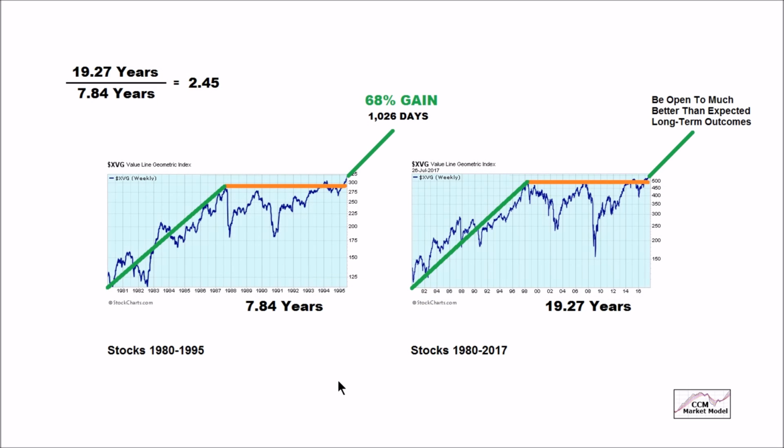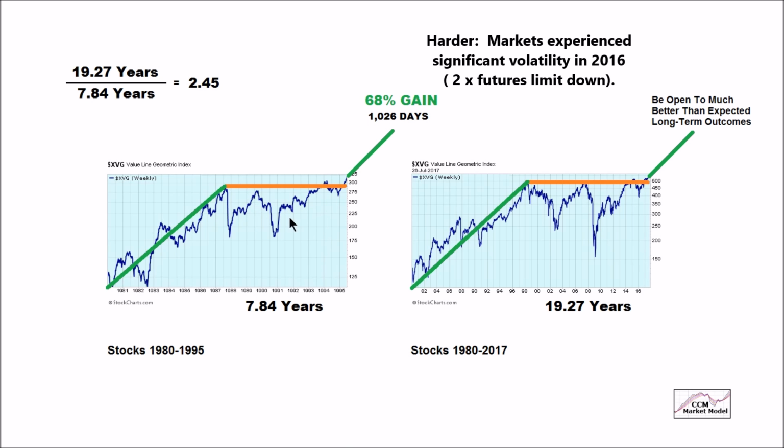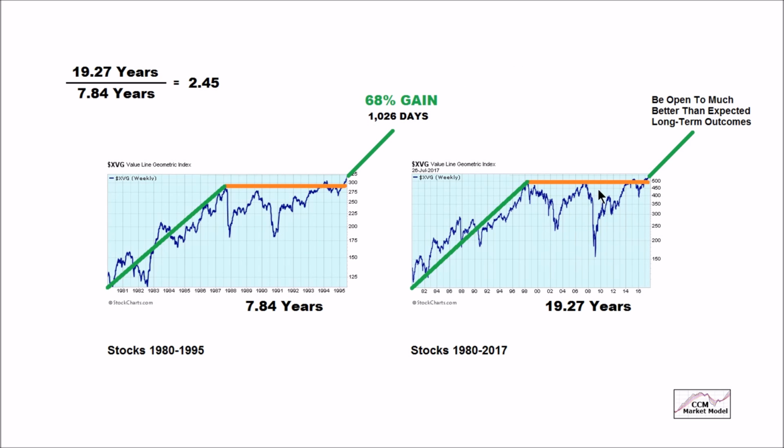Which ties in nicely with this week's video, because we know that harder markets, volatile and difficult markets, are often followed by easier markets. Harder markets. This is an incredibly difficult, volatile, and wild period in here over the last 20 years.